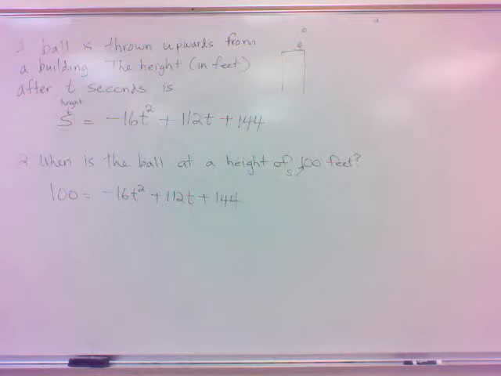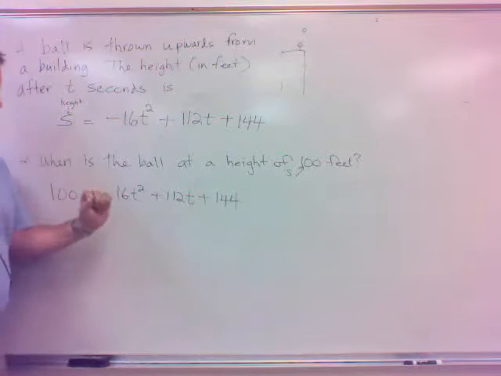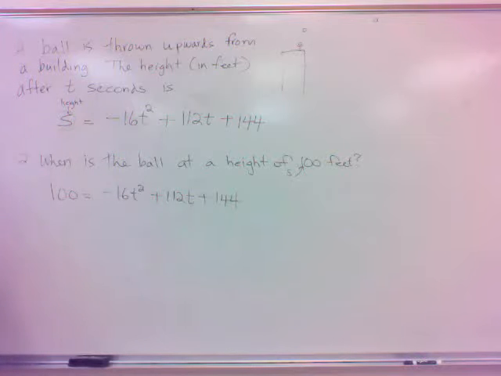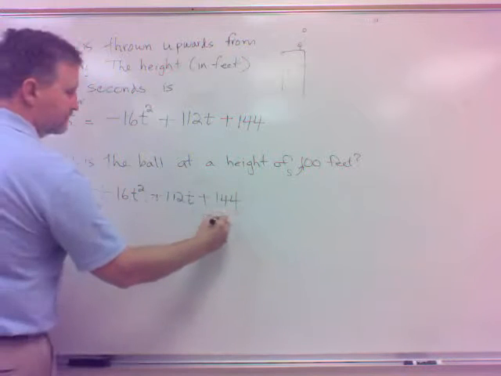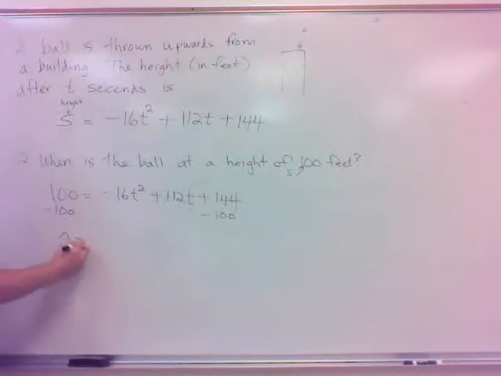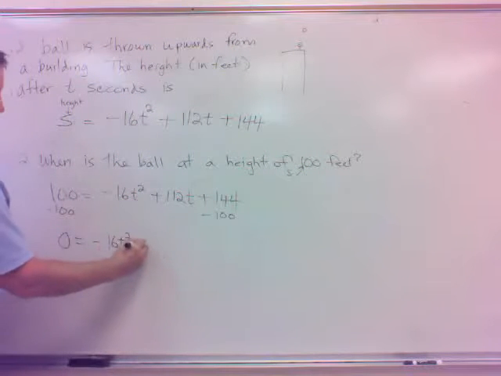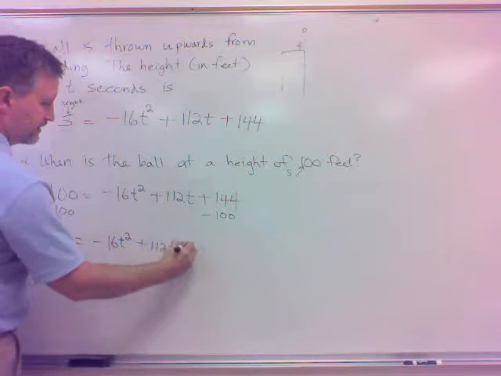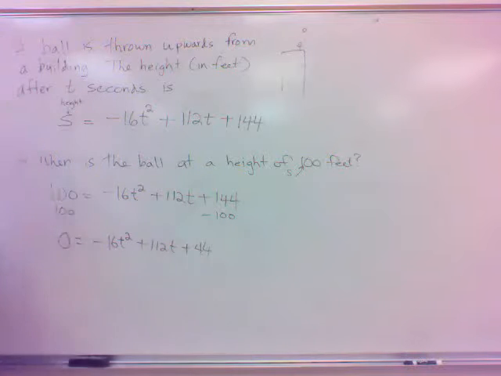How am I going to solve that? Well, now we're talking a quadratic equation. I can't just evaluate that. This is a quadratic equation. I've got a t squared in my equation. So what do I need to do for this type? Make one side 0. So subtract 100 and make it 0 equals negative 16t squared plus 112t plus 44.